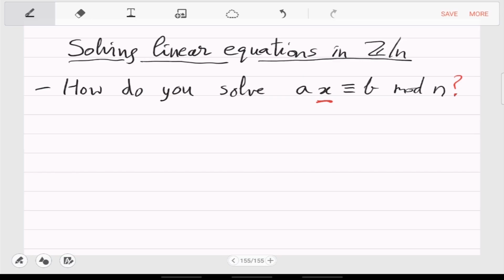Any ideas? Now you should also already be able to see this. We have talked about inverse. So in case A inverse exists, then you do what? Then x is just A inverse B, or B divided by A. So that is the easy case.